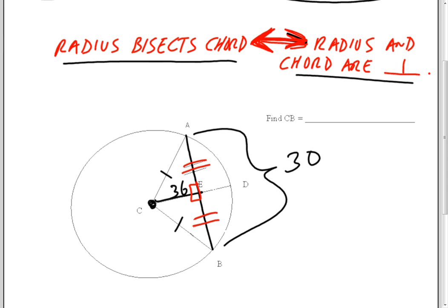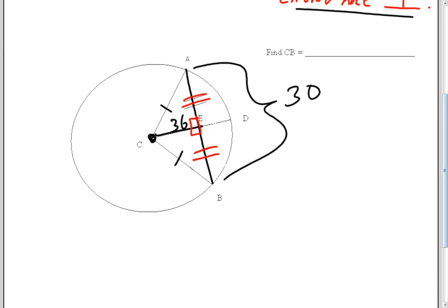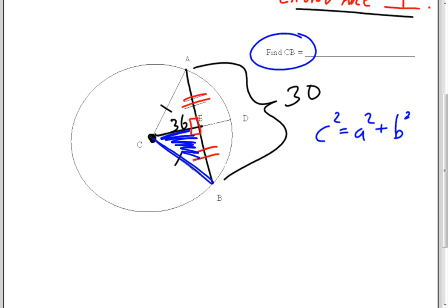What happened the last time we put right angles into the drawing? Do we use Pythagorean theorem? I'm looking for CB. CB is the hypotenuse of this right triangle. It would be good if I knew from B to E. What are these two parts here? How much? 15.